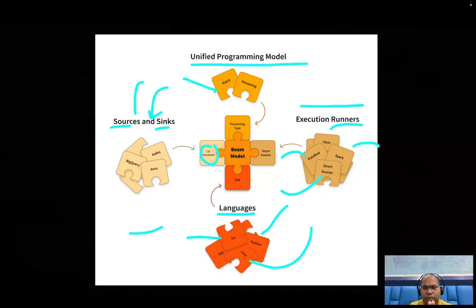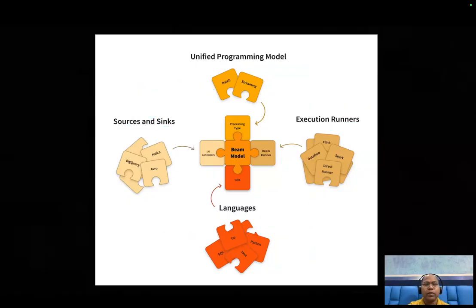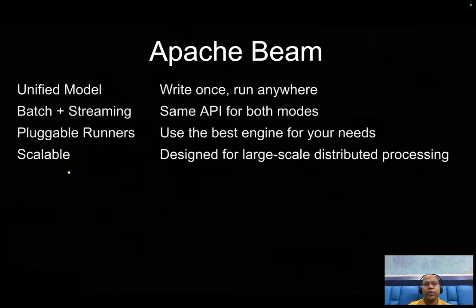So Apache Beam gives a very simplified, unified programming model where you build your pipeline. The pipeline can connect to the source and the sink, and for that they have already built the IO connectors. The unified model means write once and run anywhere.